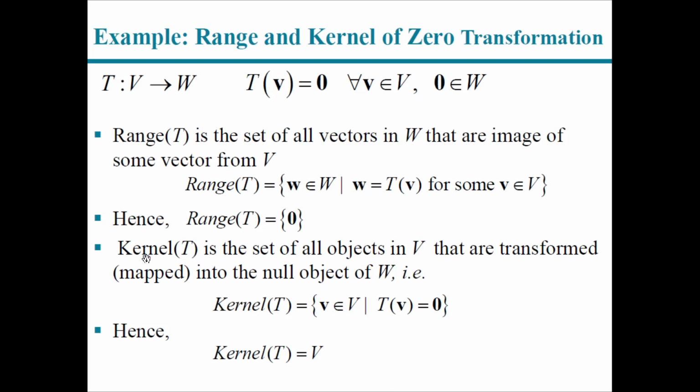Now the kernel, or null space of the transformation, are all the objects that the transformation sends to 0. In this case, the transformation sends everybody to 0. So everybody from V is actually in the kernel. So the kernel or null space of the transformation will be the space V, the domain, because everybody is sent to 0 by this 0 transformation.